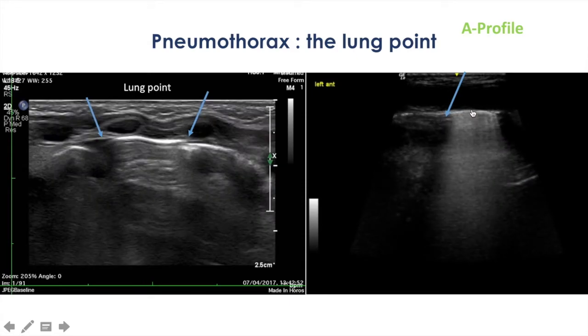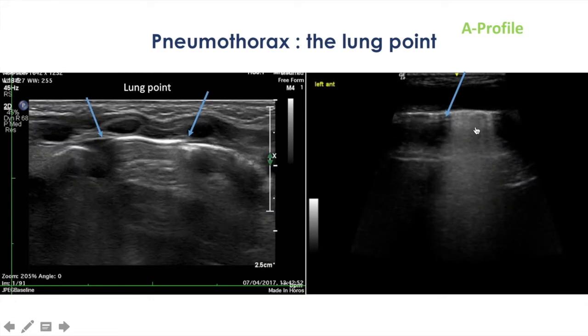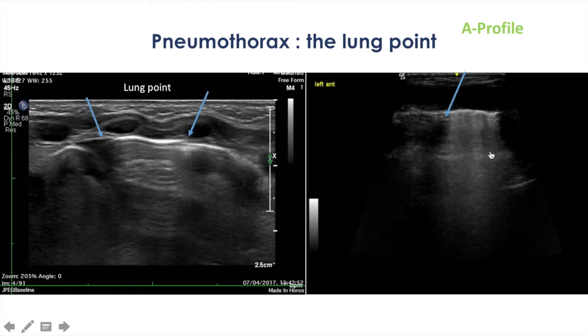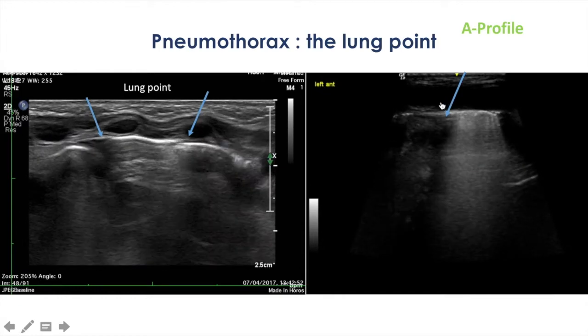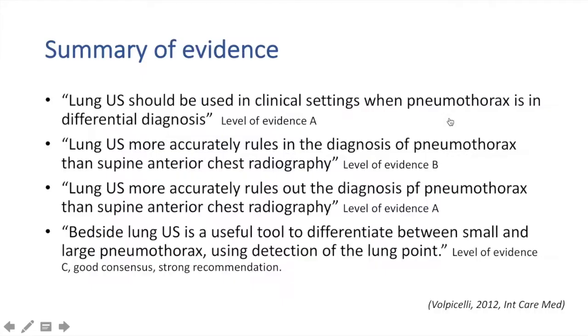You have a shredded pleural line that is sliding. You have vertical B lines, coalescent B lines that erase the A line. And the junction between these 2 parts is the lung point. All of these criteria are level A of evidence from the international recommendations.